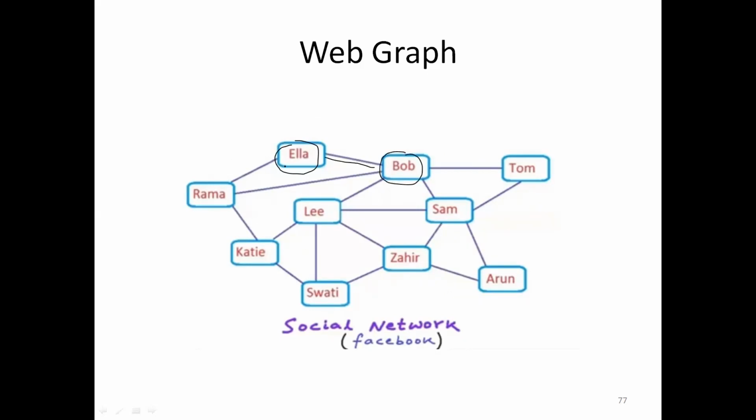So Rama can know who the friends of Ella are. Like this, we can model the users in Facebook as a graph, so that I can suggest a friend to Bob also. Why? Because Rama is a friend of Ella. So I can suggest a friend to Bob. This is how graphs are actually used in real time.